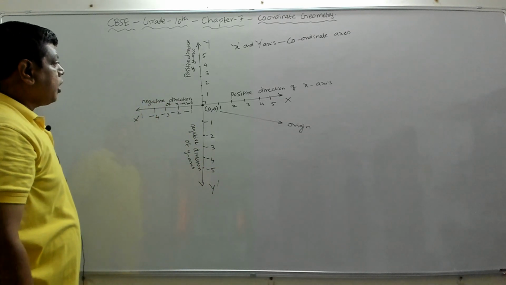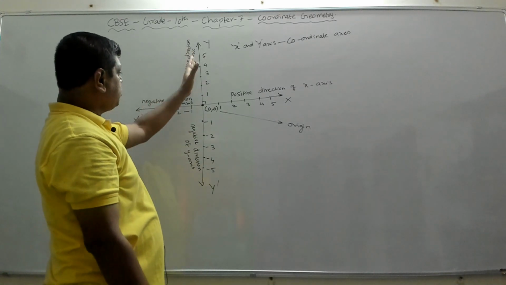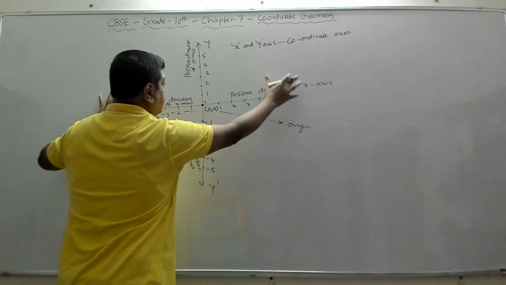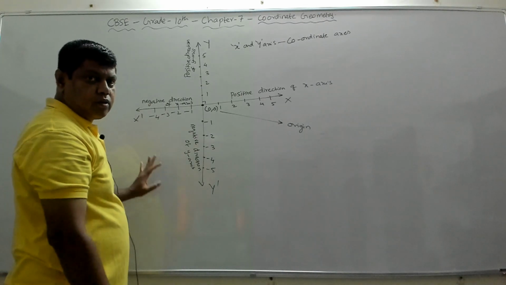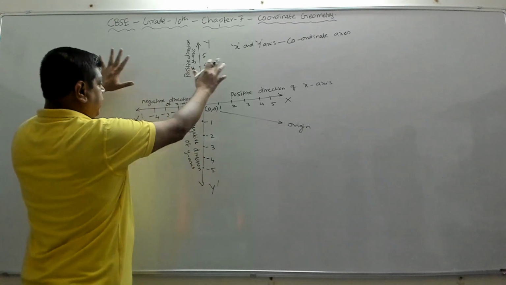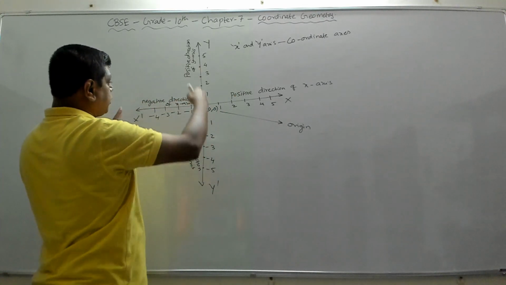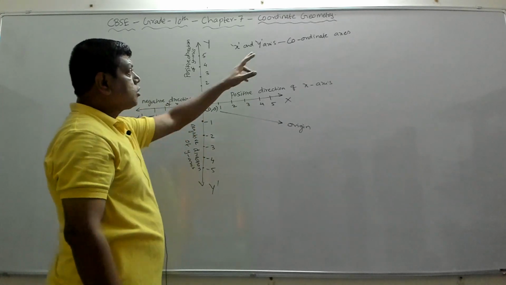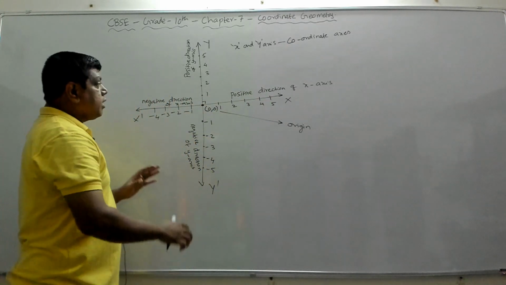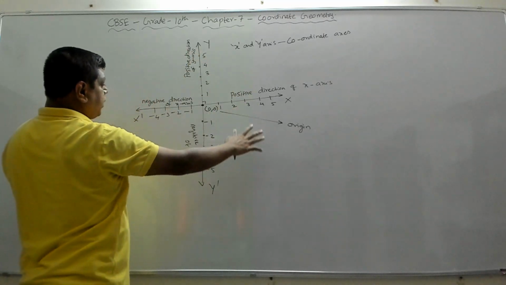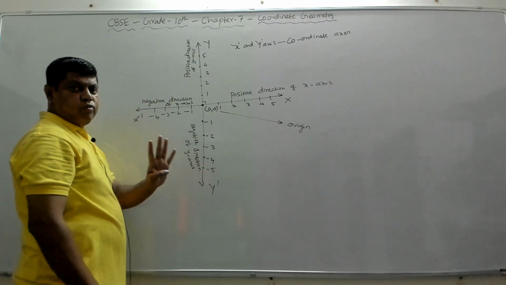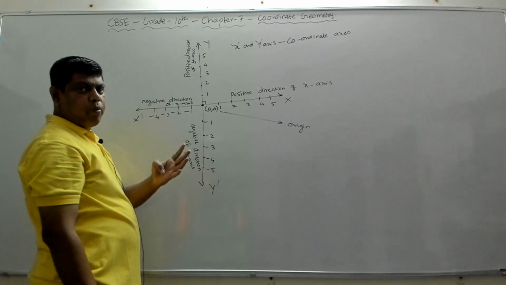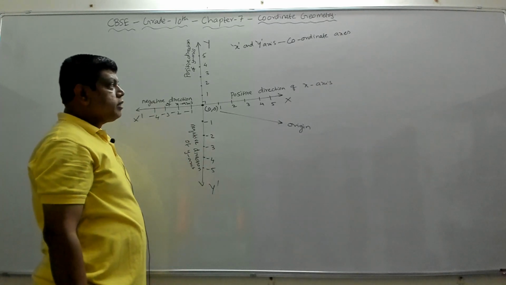Fine. So now these two lines form what is called a plane. This is called two dimensions, and it is a plane where we have the two lines which are called coordinate axes, and these two lines divide the entire plane into 4 quadrants or 4 parts, and each part is called a quadrant, right?